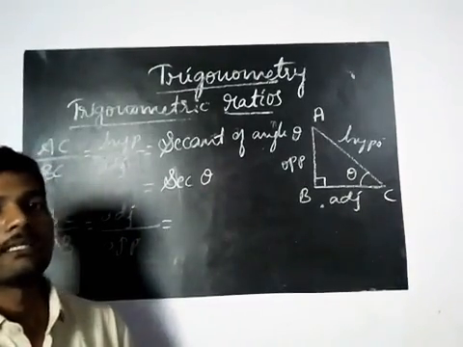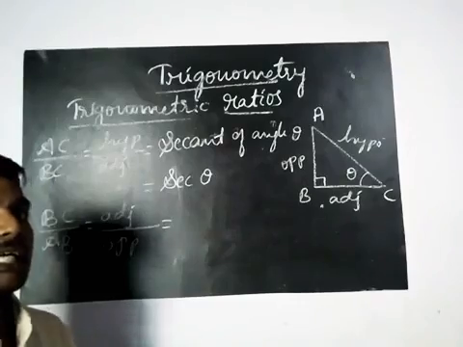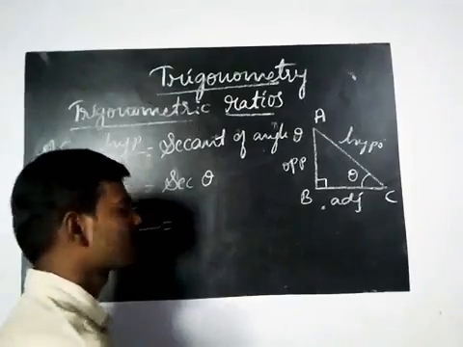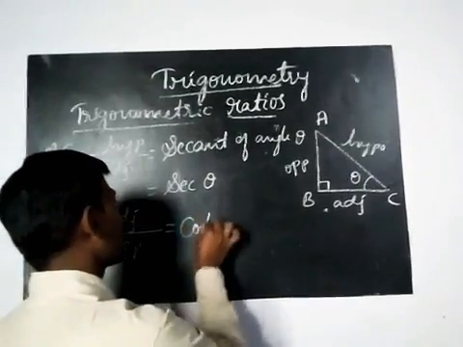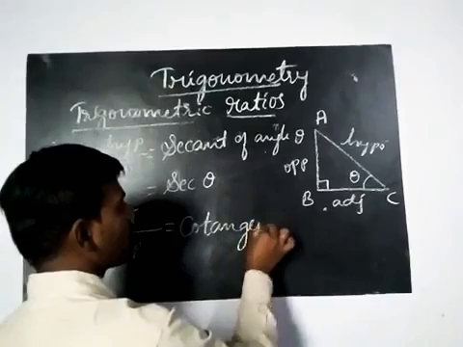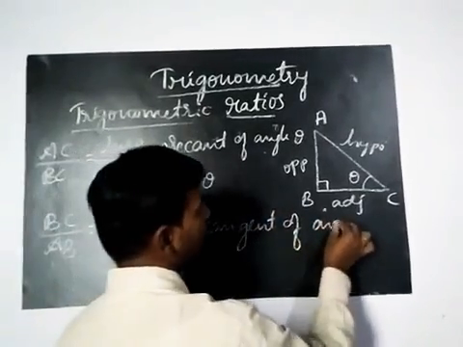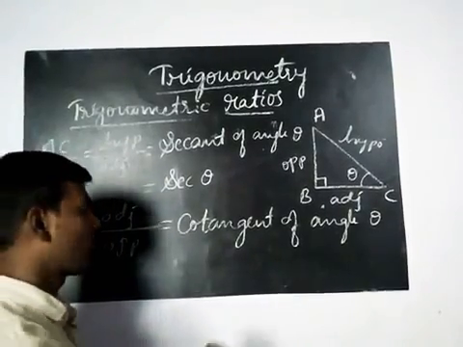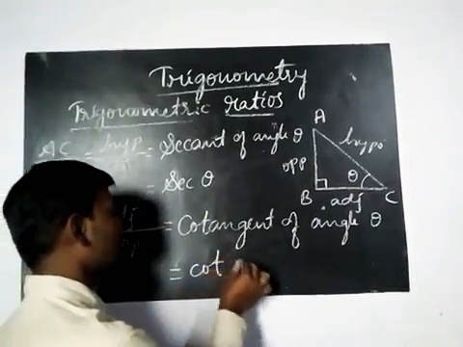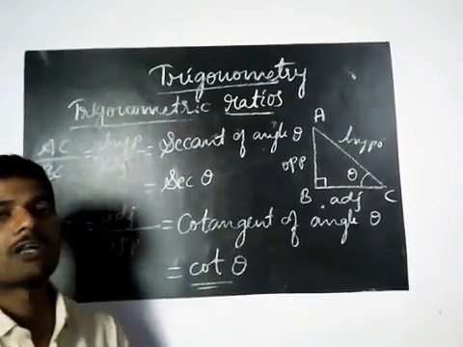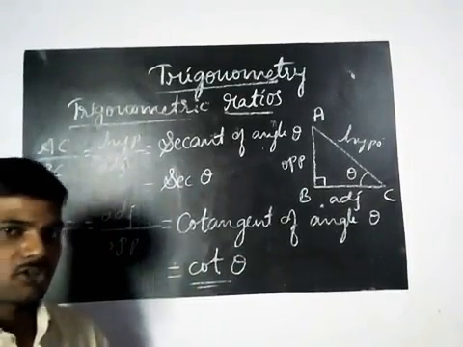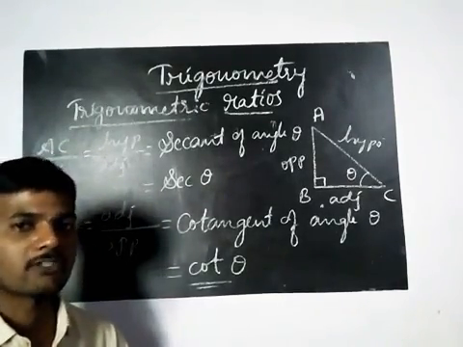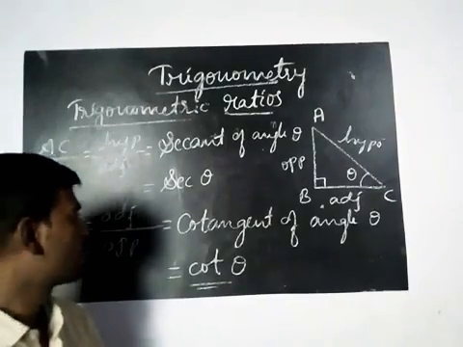There is a special name for this ratio, it is cotangent of angle theta. In short form, it is called cot theta. Cot theta is the ratio of the adjacent side to the opposite side.